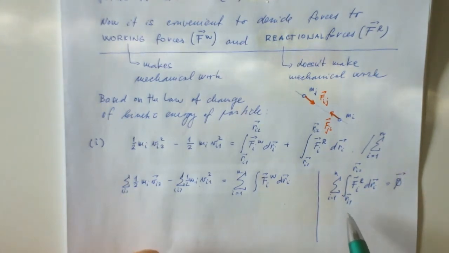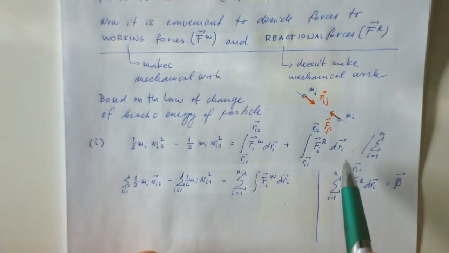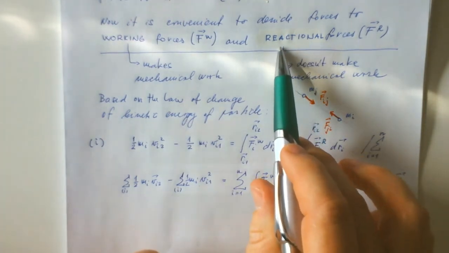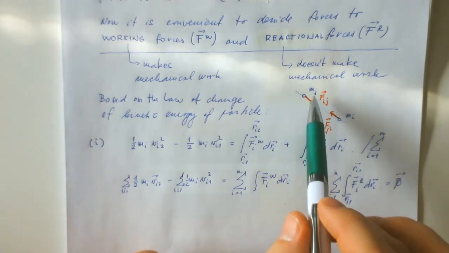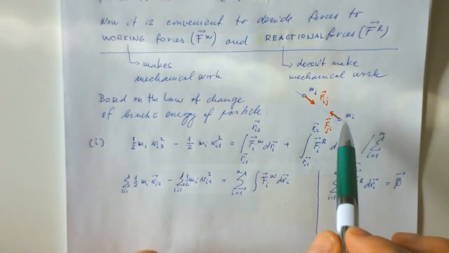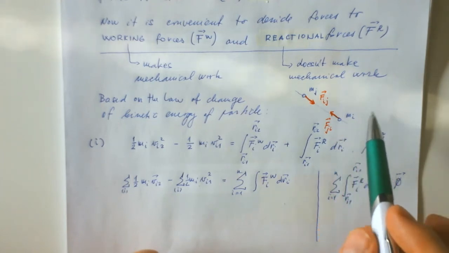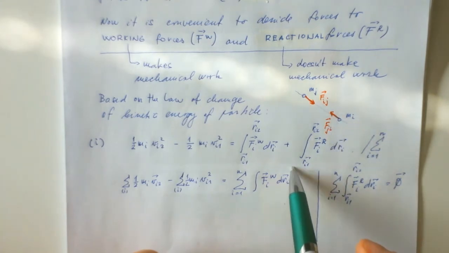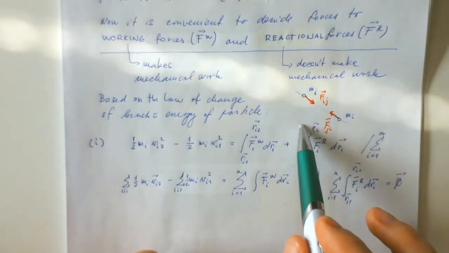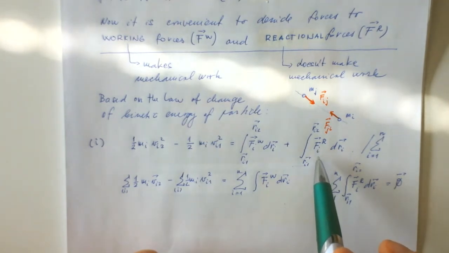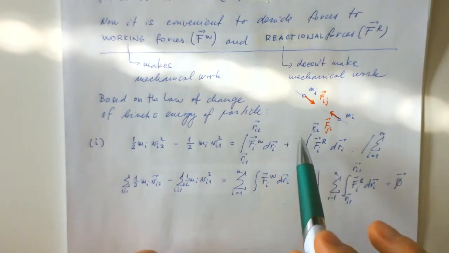Because, as we said already, the work of reactional forces is equal 0. They doesn't make mechanical work. Why? Because if we admit that the reaction forces can make work, so there is a reaction force to particle i and it makes work, no problem.